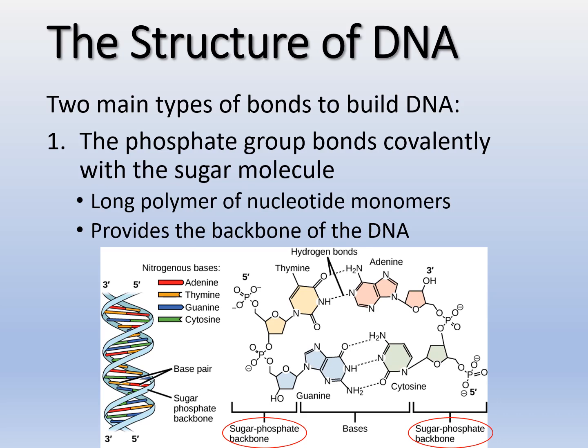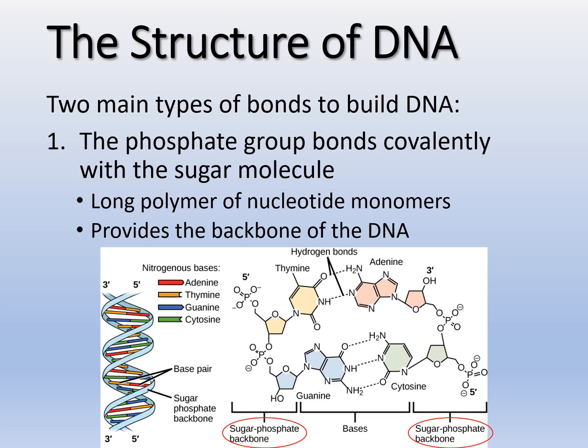So then we have a long polymer of these nucleotide monomers, and this provides the backbone of the DNA. So if we keep repeating this, sugar phosphate backbone, and they keep binding over and over and over again, we're going to have a long polymer of these nucleotides.